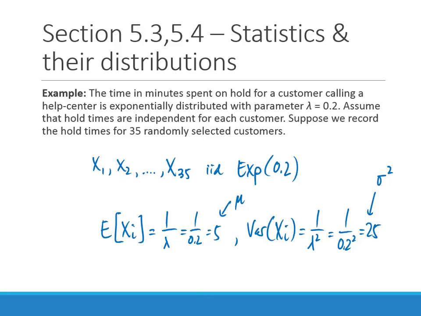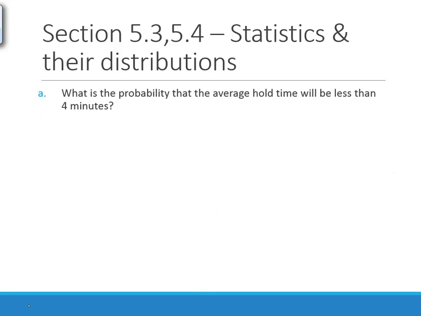Okay, so the question we want to know here is what's the probability that the average hold time will be less than 4 minutes? So for these 35 customers, what's the average hold time? Is it less than 4 minutes? So again, let X bar equal the average hold time for these 35 customers.